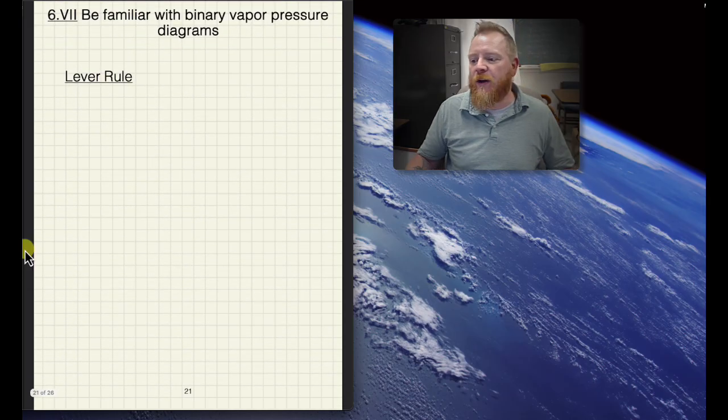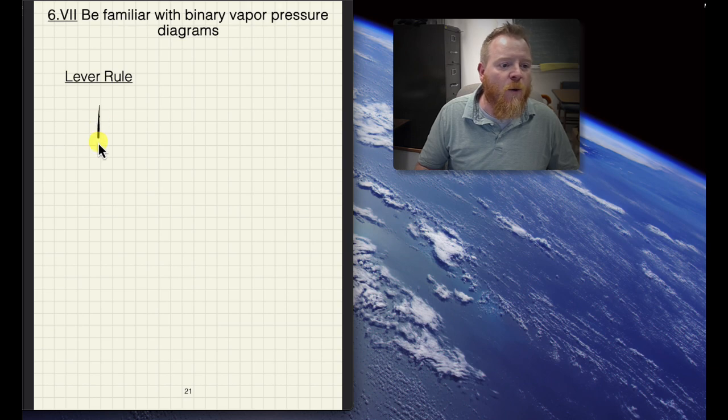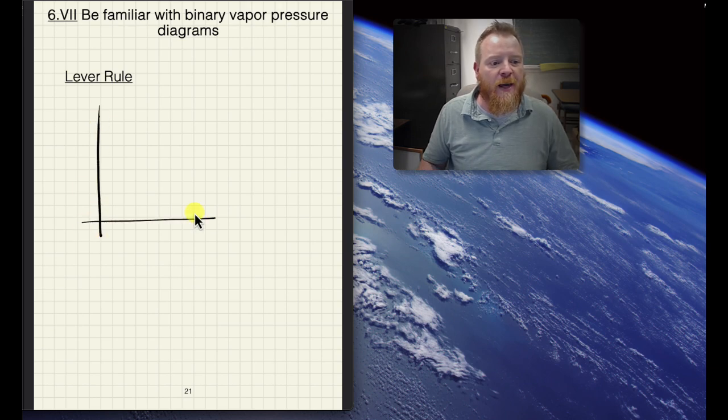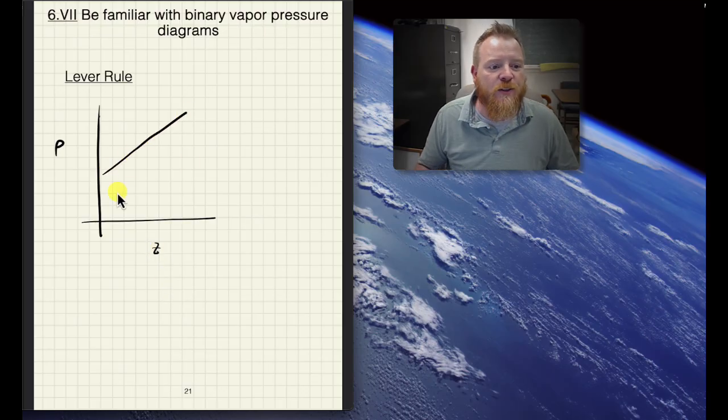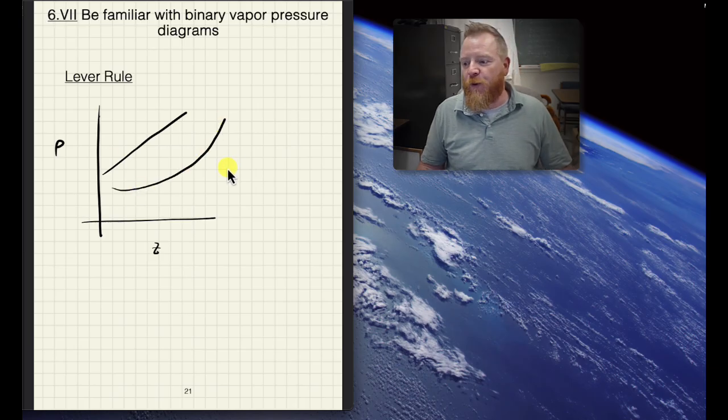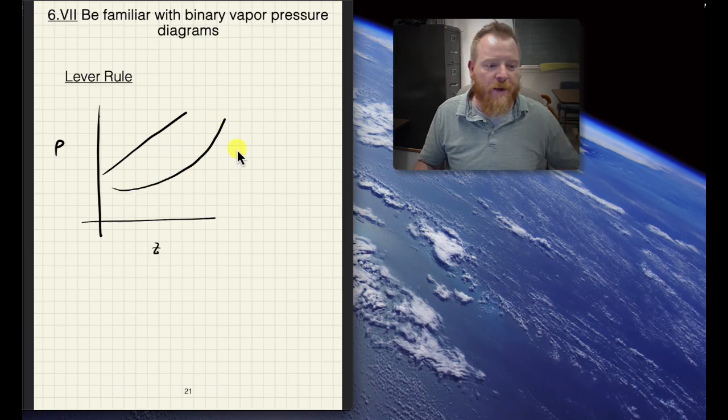So now we can also be somewhat quantitative with these diagrams. I'll redraw this where I've got P versus mole fraction, and I'm going to zoom way into a region close to the liquid-vapor boundary. So this is not by any means spanning a full mole fraction of 0 to 1.